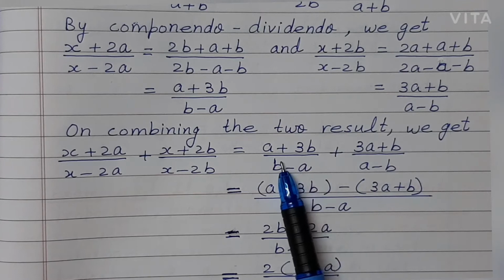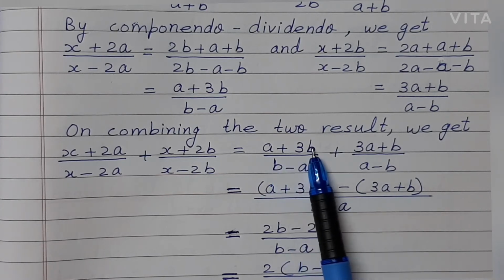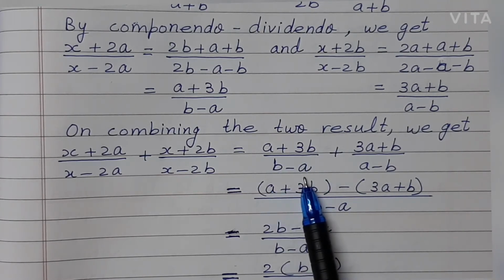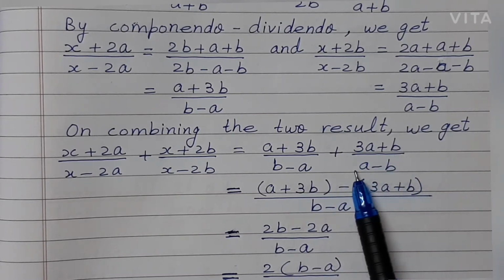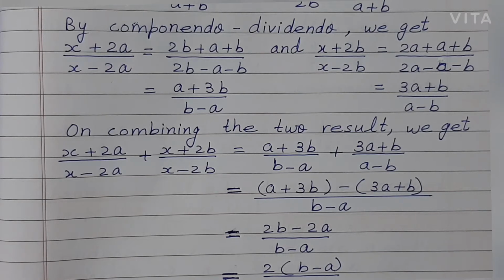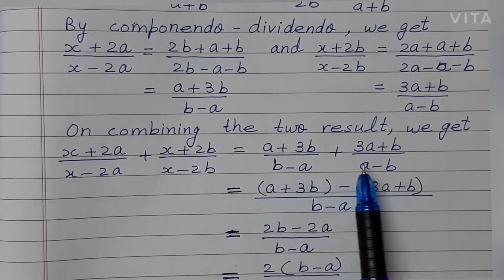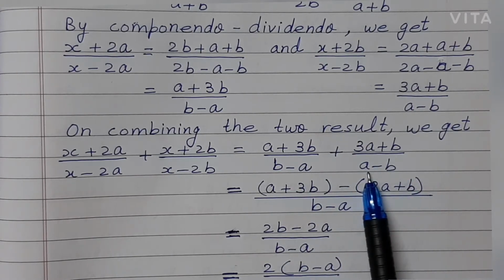So it is (a plus 3b) upon (b minus a) plus (3a plus b) upon (a minus b). Now children, you can see that in the denominator, the a minus b is of opposite sign. Fine, the denominators are not same.